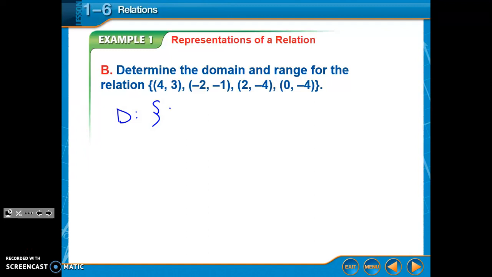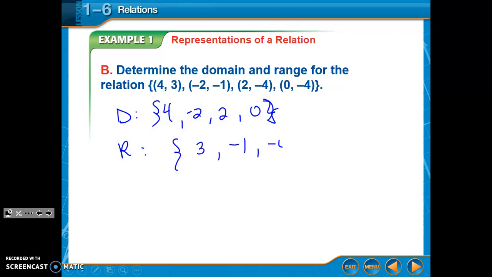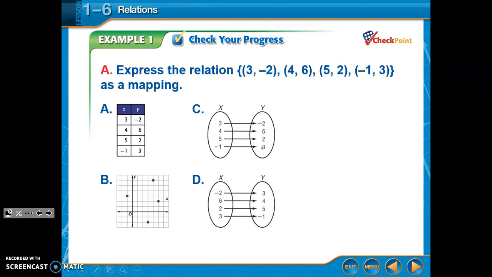We put them inside curly brackets. We don't have to list -4 twice. We only list each thing once in domain and range. Okay, so you guys say which of these is a mapping of that relation.